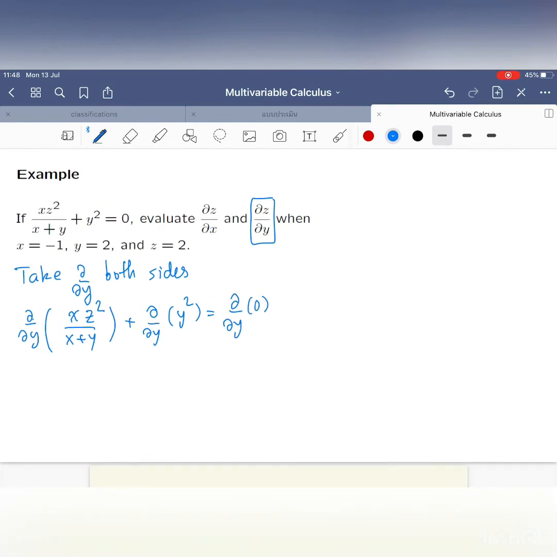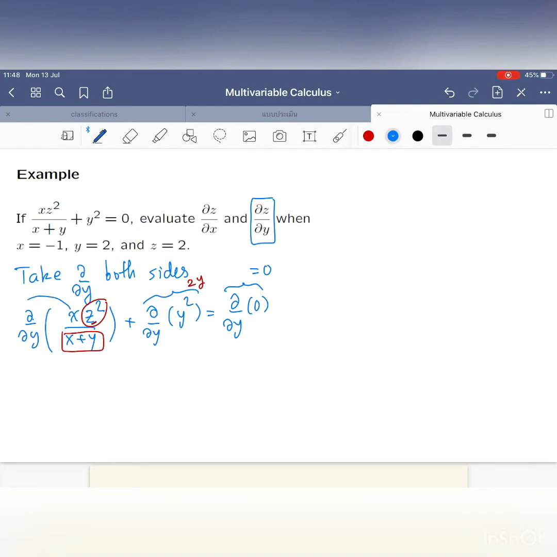Again this one is pretty easy, but this one is not 0 right now. This is 2y. How about this one? You need to look at it this way: here is a function of y hidden, because don't forget that your z has y hidden. Over another function of y right there, so you need to use the quotient rule as well.